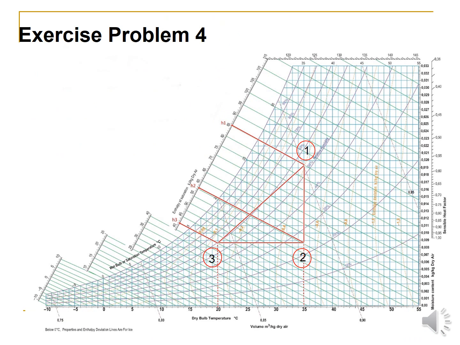So for the sensible heat factor, first of all, we will draw the state points and the process line 1 to 3, and then we will resolve this process line into rectangular components 1 to 2 and 2 to 3. So 1 to 2 will represent the latent heat and 2 to 3 will represent the sensible heat, and we will record the values at the enthalpy axis from the psychrometric chart.